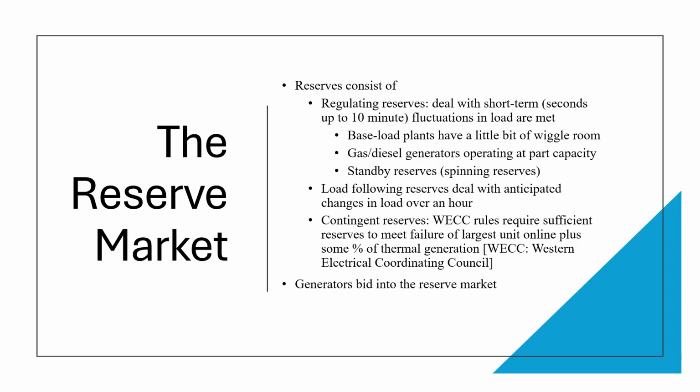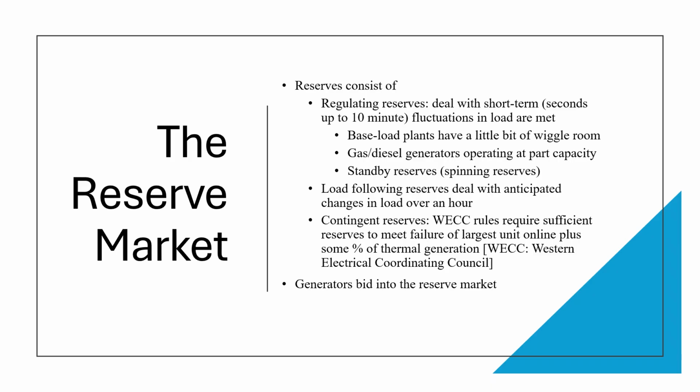They're just idling. We can have standby reserves, which are called spinning reserves, which is really an idling. Load following reserves that deal with anticipated changes in load over an hour are also a form of reserve. And then we have contingent reserves.